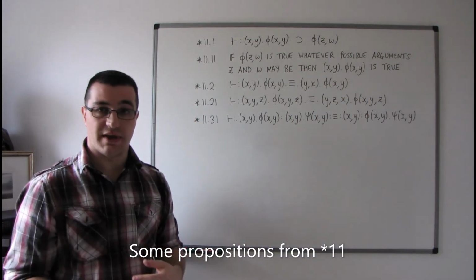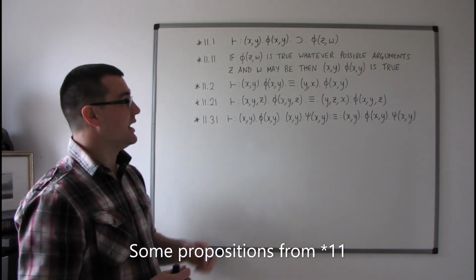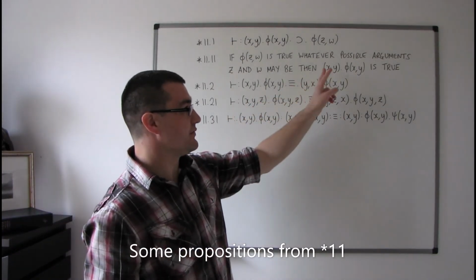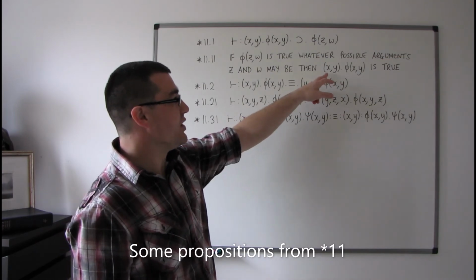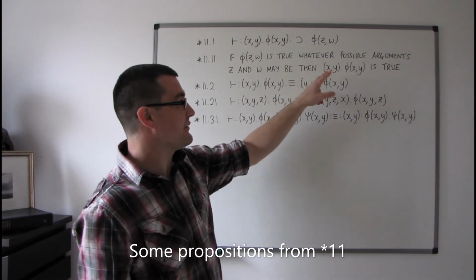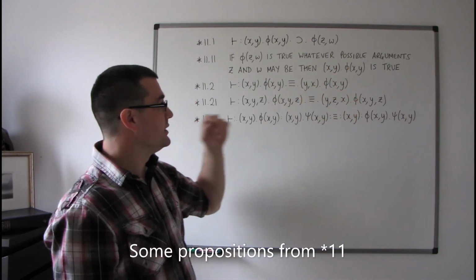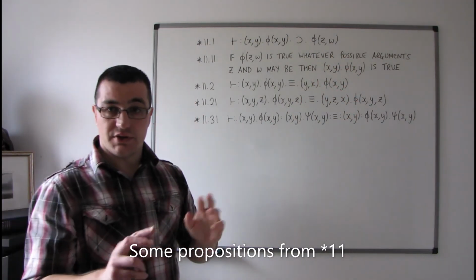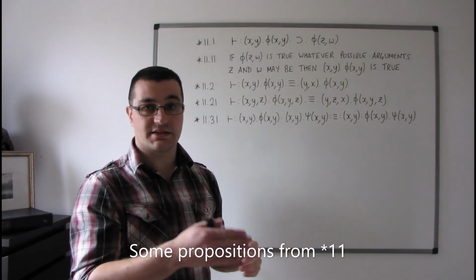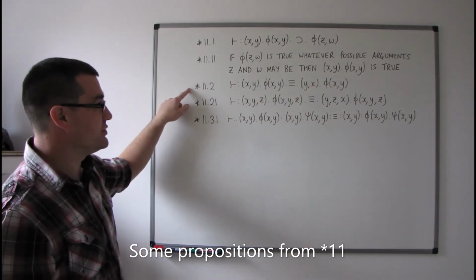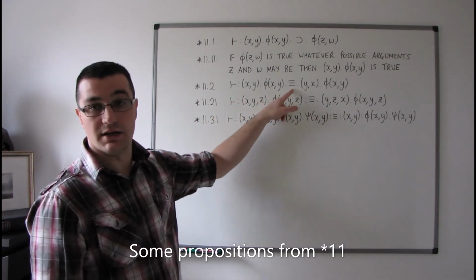So the use of 11.07 becomes evident as a way to change the order of the apparent variables. So in other words, the order of the apparent variables doesn't have to reflect the order of the variables in the propositional function. We still don't know that those two are going to be equivalent, so xy phi xy and yx phi xy, but that's where 11.2 comes in. It shows that the two are actually equivalent.